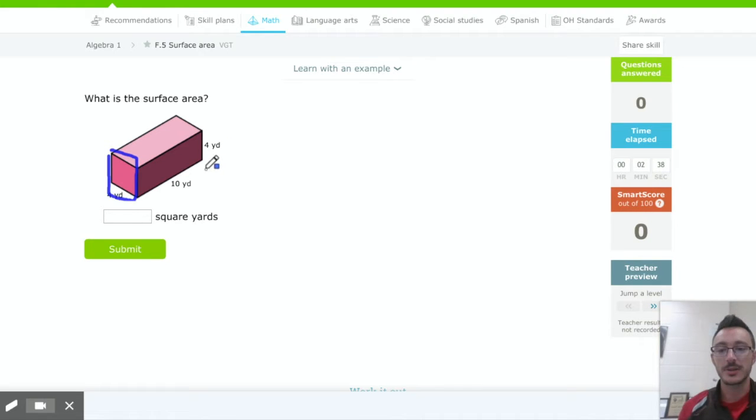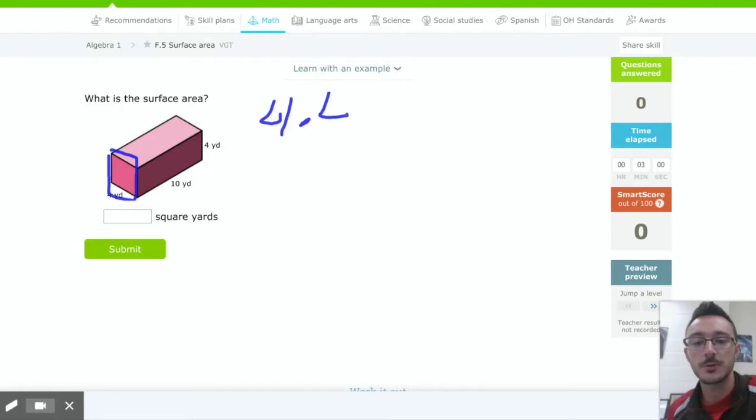It looks like that is 4 by 4 because it's a square. So if I do 4 times 4 to get that area, remember if you go back to the area video, we learned that that's like base times height. So that's where I'm getting 4 times 4 from. So 4 times 4 equals 16.